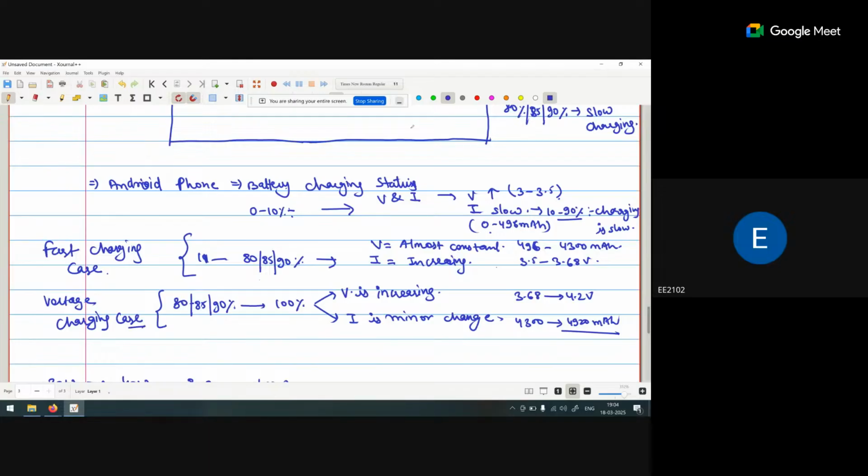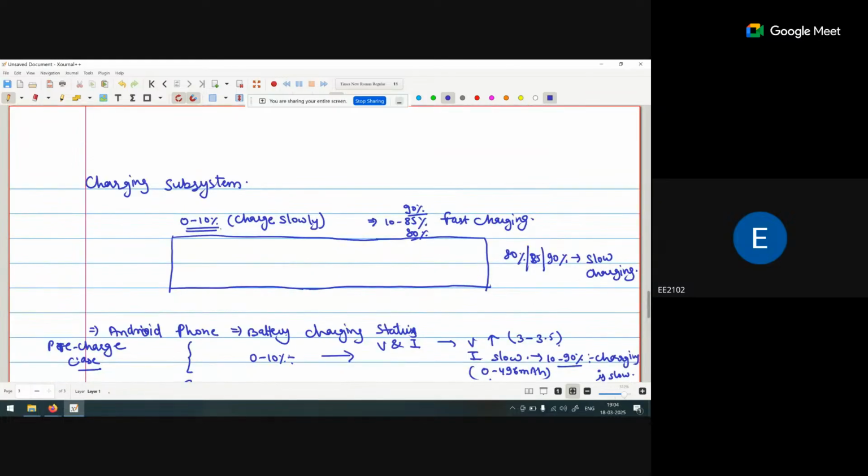And that will be conditioned before the fast charging, so we call it the pre-charge case.